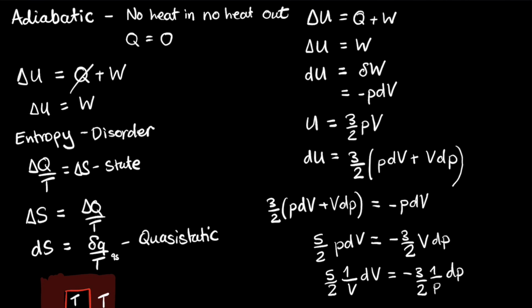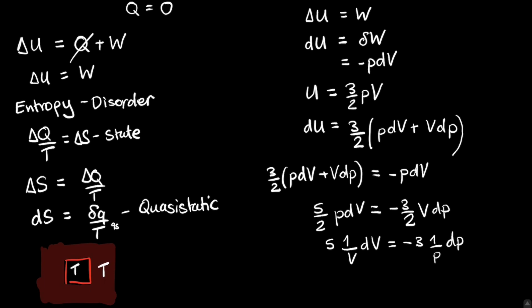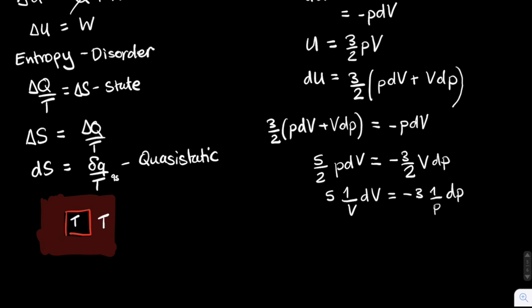Before I go any further, you can immediately see that the 2's are going to cancel out, so let's rub these out. So we've got a 5 on this side and a 3 on this side, and now we can integrate both sides. This is the technique that we're using, separation of variables. So what happens when we integrate this? Let's put an integral sign, and let's also choose some limits.